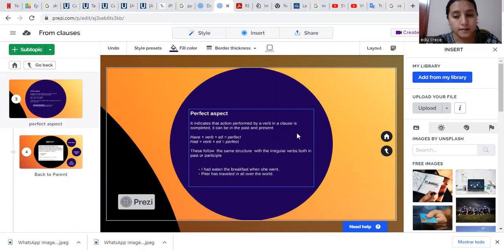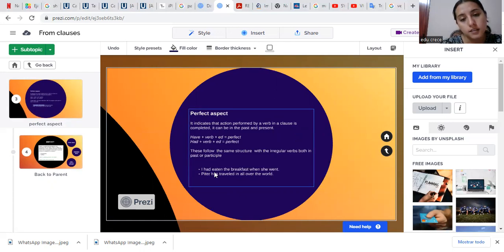The structure is have, verb plus -ed, or had, verb plus -ed. This follows the same structure with regular verbs, both in past or participle. As in the next examples.